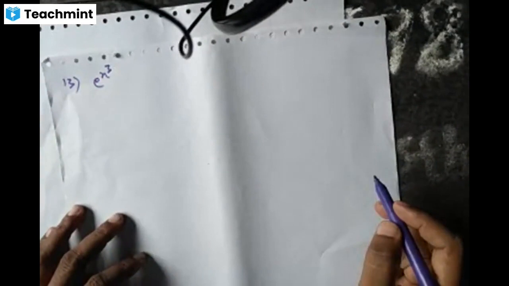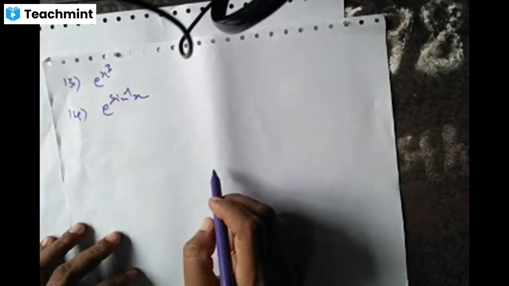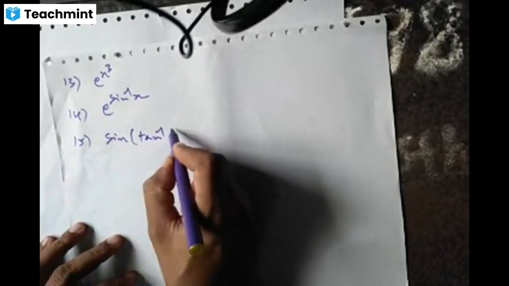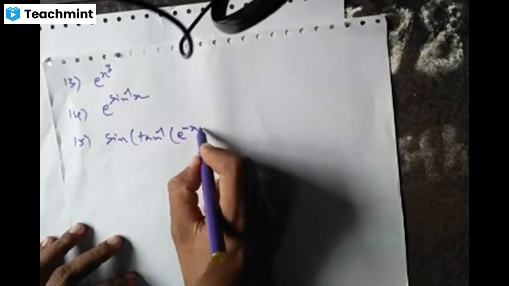So next, 13th one, e power x cube. You have to find the derivative of the given function. Next, 14th, e power sine inverse x. Next, 15th, sine of tan inverse of e power negative x.